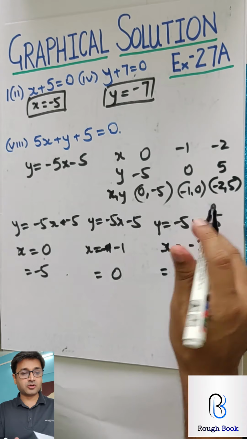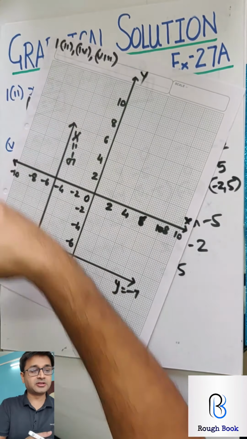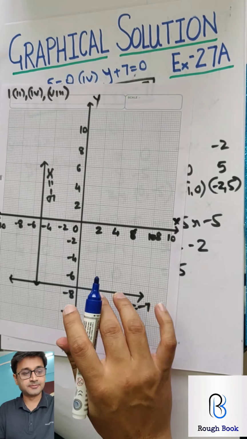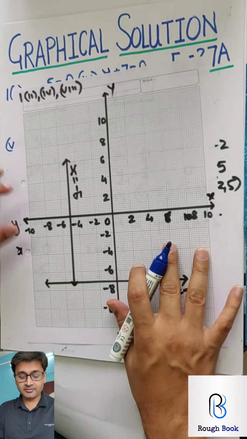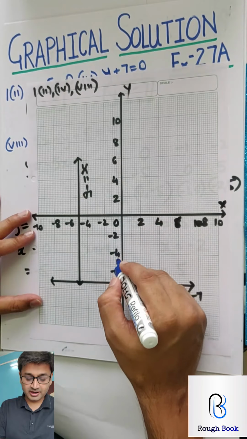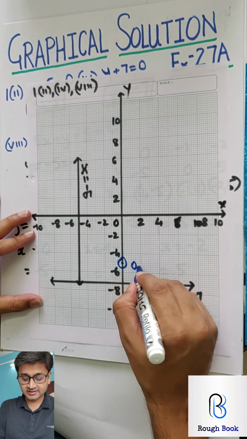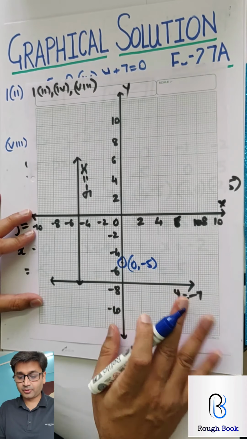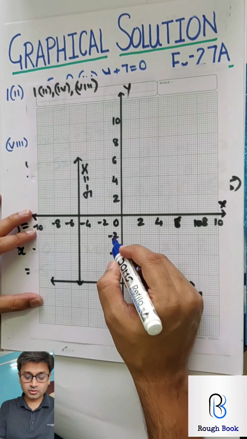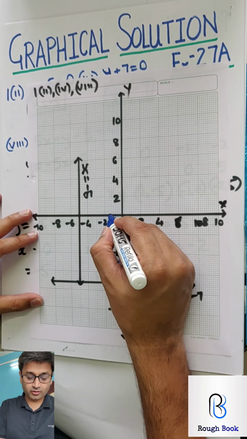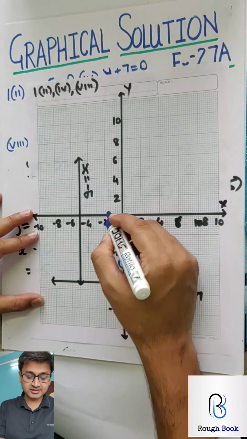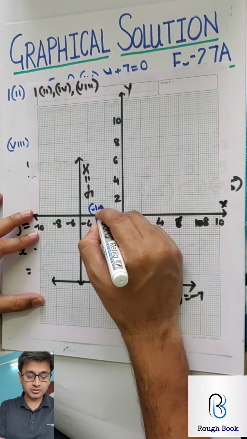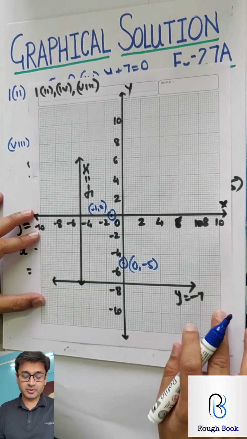Let's plot and see if they are collinear. Let me use a blue pen so that it is identifiable easily. So the first point is what? 0 by minus 5, on the y-axis. Second point, minus 1, 0. Obviously on the x-axis again. And the third one, minus 2 by 5.